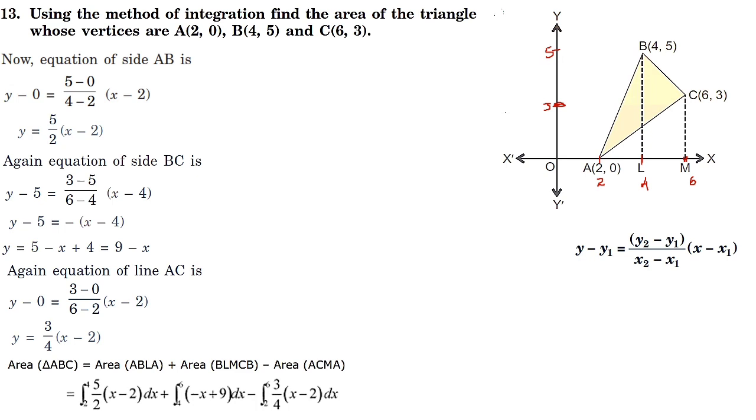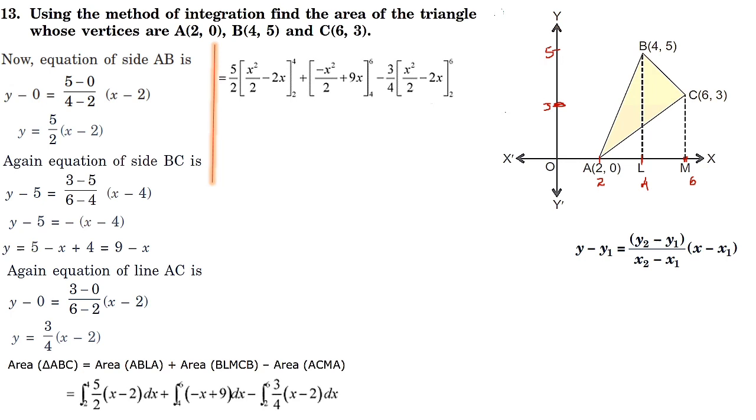Then minus this entire portion, which is the area under this line AC, with limits from 2 to 6. So minus the integral from 2 to 6 of the AC line, which is 3/4 × (x − 2) dx.